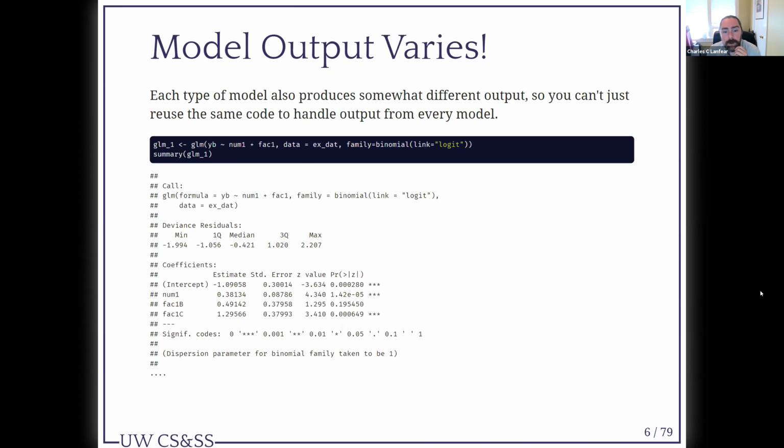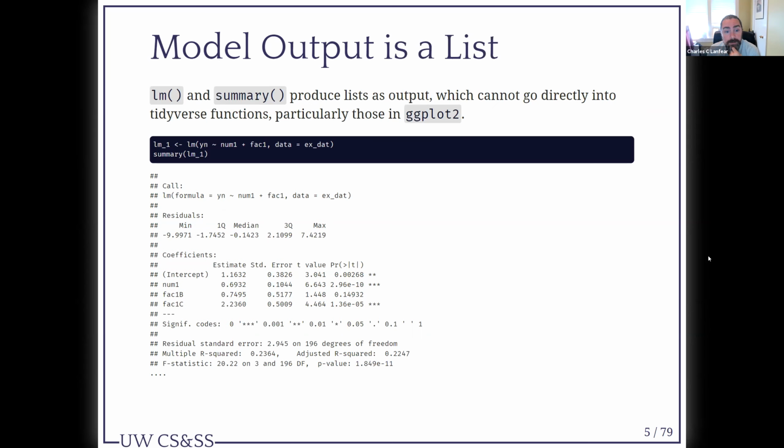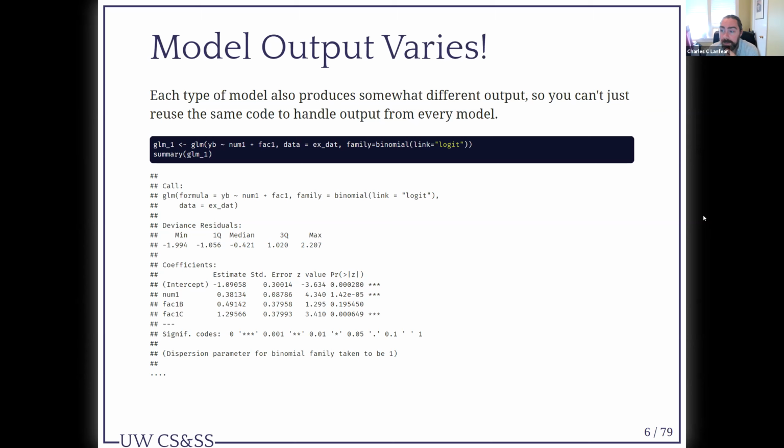Okay, so another thing about model output is that even very similar statistical methods, like lm on the previous slide and glm on this slide, produce different output. So here I've done a glm of y on the same variables using the same data, but here it is a binomial model with a logit link, that is, a logistic regression.